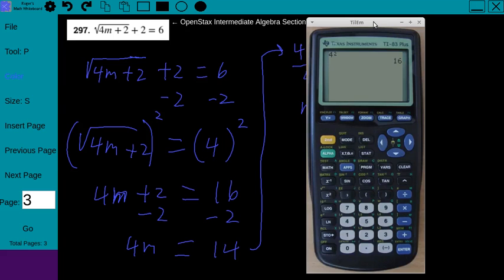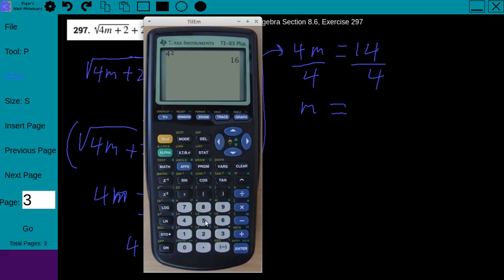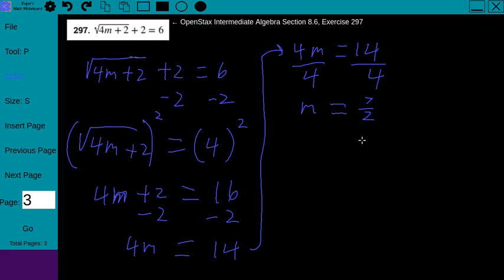It doesn't come out evenly, so I'm going to give it back as an improper fraction, which is probably the way your answer is going to want it. It might take 3.5, it might not, depending on what your system wants if you're using an electronic one. So my answer gives me 7/2. I'm going to call this the answer.